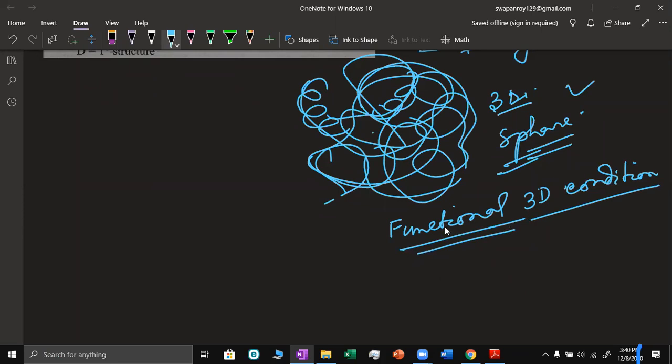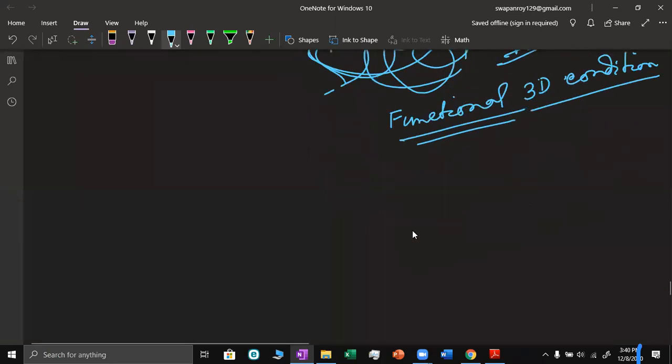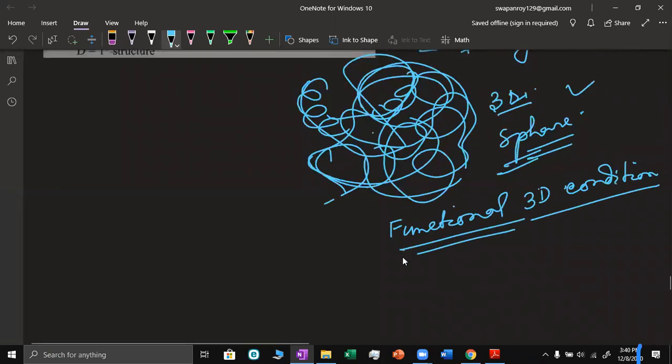But this is also not the final stage. Of course, for some proteins this is the final level of organization.